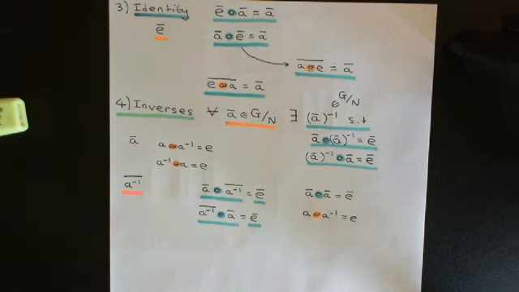That is what you do. You take a normal subgroup, you partition the group up into the cosets of that normal subgroup, and then the elements of your quotient group, G over N, are going to be these cosets, basically, or equivalence classes of the normal subgroup.